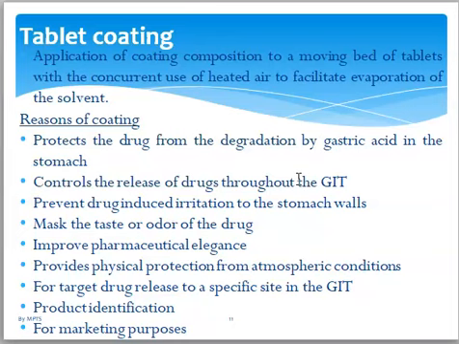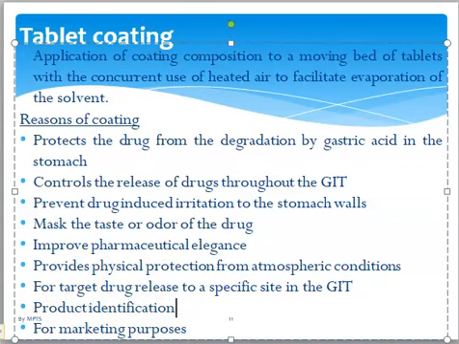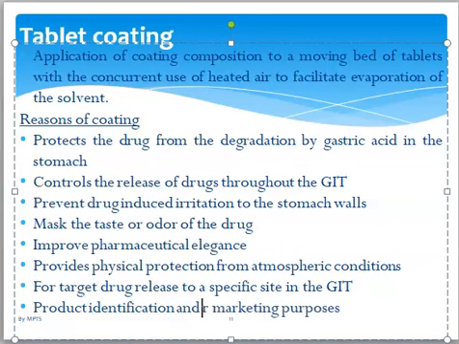So you have to coat it with a polymer that will prevent its disintegration within the stomach. Prevents drug-induced irritation in the stomach. This one is very important. Mask odor, taste, improve pharmaceutical elegance. It's product identification for marketing purposes. Product identification and what? And marketing purposes.